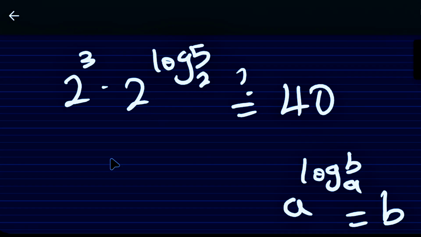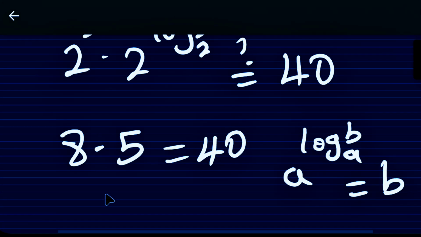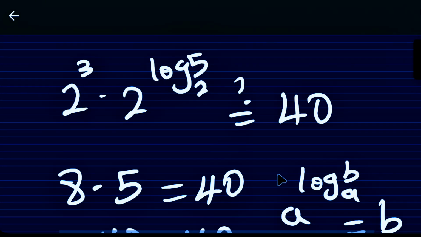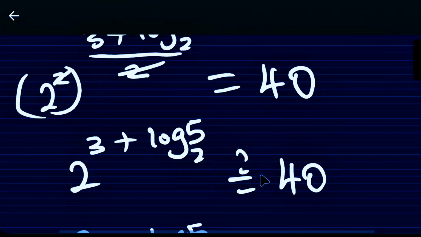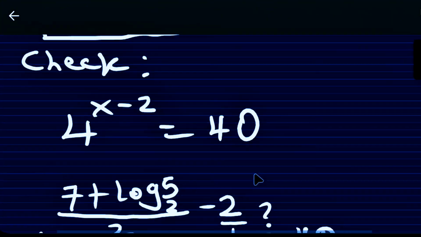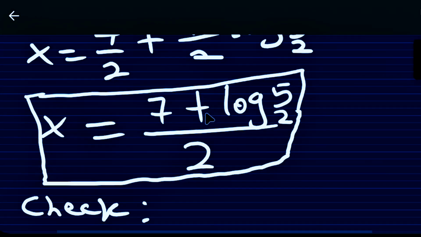So the whole of this is 5. So 2 exponent 3 equals 8, multiplied by the whole of this which is 5, and 8 multiplied by 5 equals 40. So 40 equals 40, okay? And we are right in saying that the value of x that will satisfy this given equation is (7 plus log 5 base 2) divided by 2.